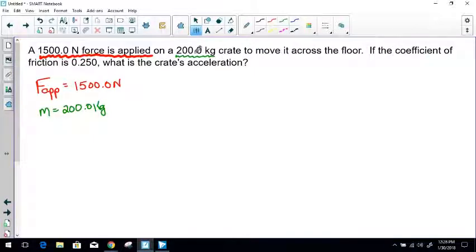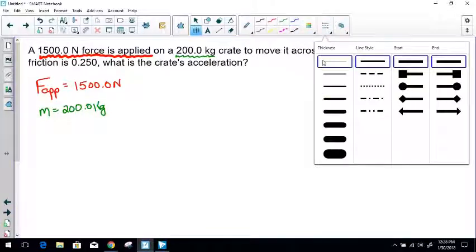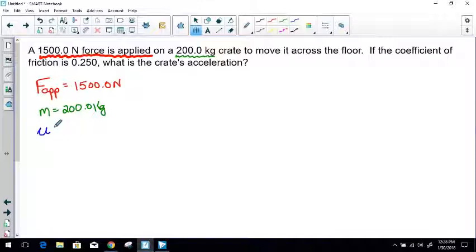We know that the coefficient of friction, mu, equals 0.250. So we're looking at mu kinetic because the crate is moving. And we know that the crate's motion is changing because we want to find out the acceleration.